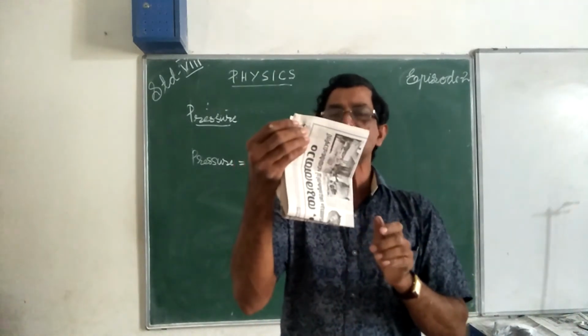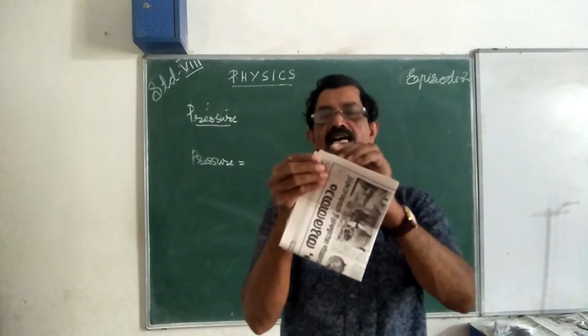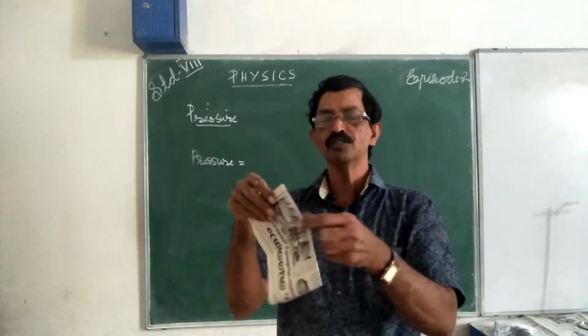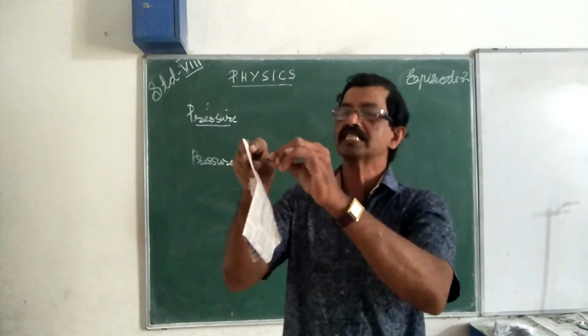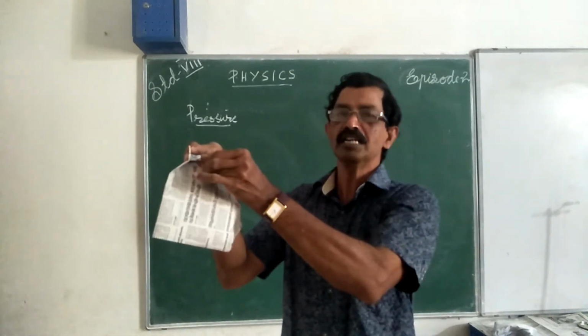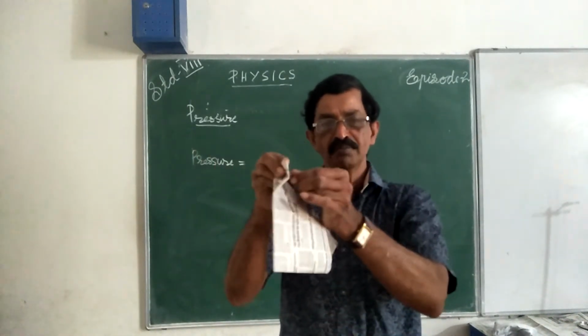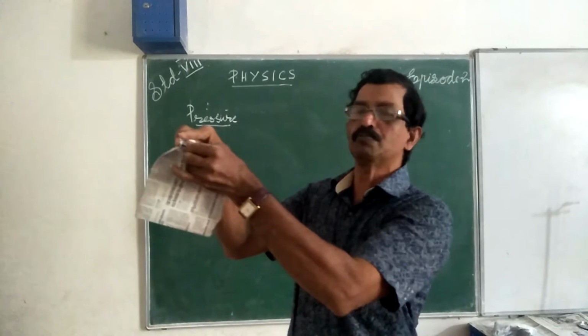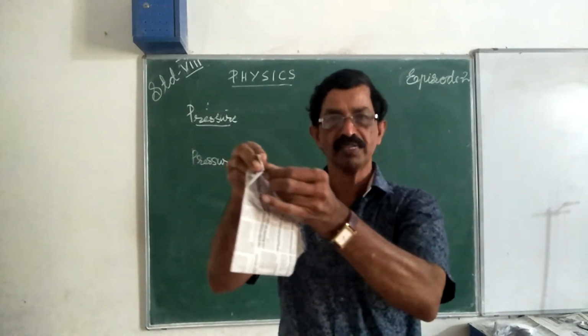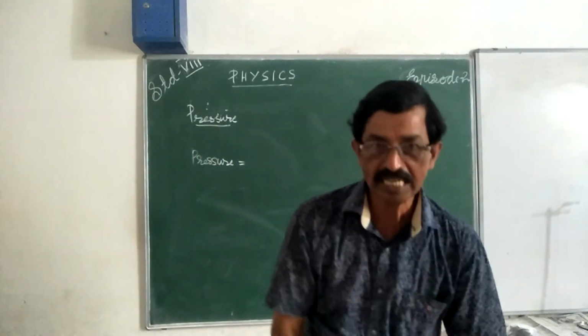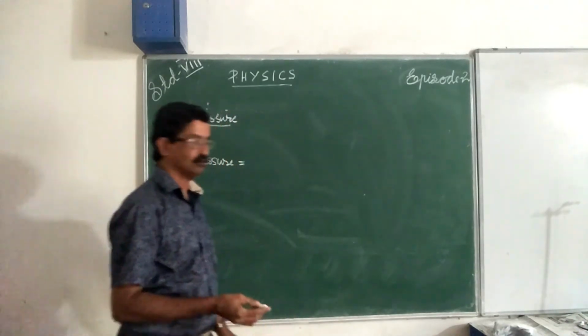See, now this end is coming out through the paper, and now I am trying to do the same thing with this side. Is it possible? See, I am exerting a very large force, but this is not going through the paper. Now, see what is the difference between these two.